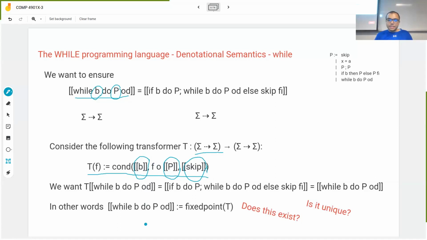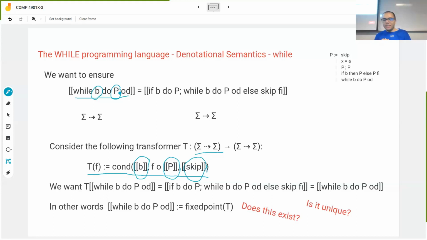Now, why am I doing this? Because imagine that I apply T to the semantics of my while loop. I haven't defined the semantics of my while loop yet, but imagine that I have somehow defined it, and then I apply this transformer T to it.